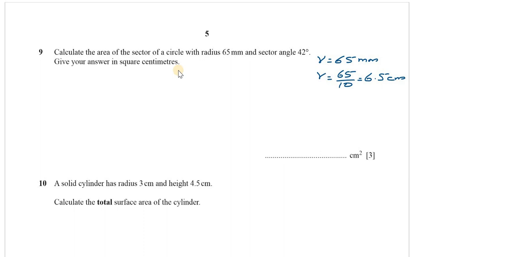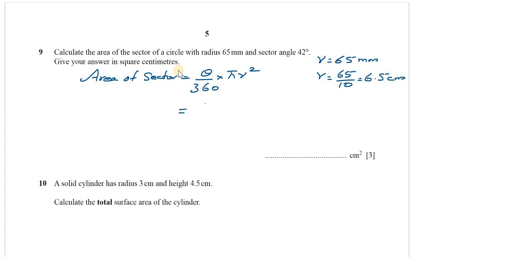Now how to find the area of the sector? Area of sector is the sector angle divided by 360 into pi r square, so theta by 360 into pi r square, you will be getting the area of sector. Now we'll replace the values here. Theta, what is the angle?